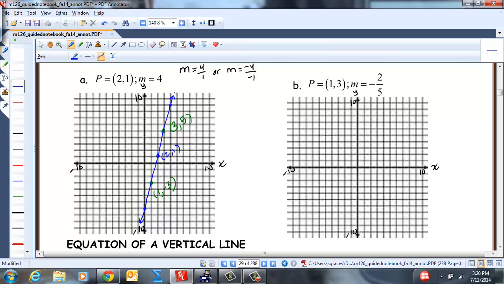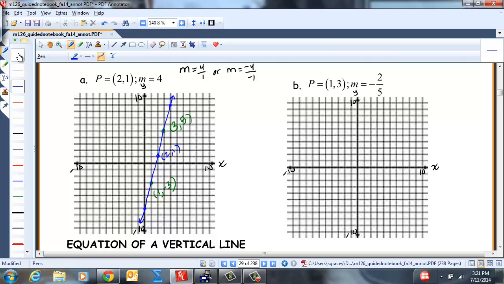So it's going to look something like that. So we actually found more points, but we labeled 2 of them that we found. So go ahead and pause the movie and try the next one and see how you do. Okay, let's see how you did.